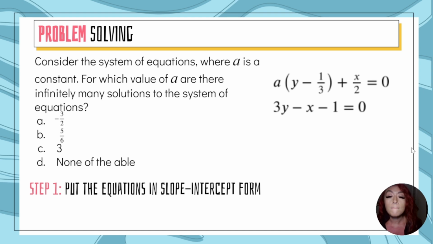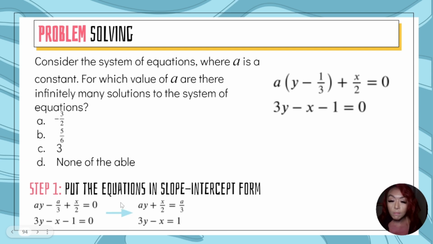First, we're going to put the equations in slope-intercept form. So remember, if there's infinitely many solutions, both equations have to be exactly the same. They will have to have the same slope and the same y-intercept because it's two of the same line lying on top of each other. So we'll use inverse operations and put the equations in slope-intercept form.